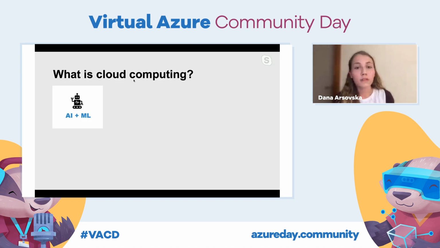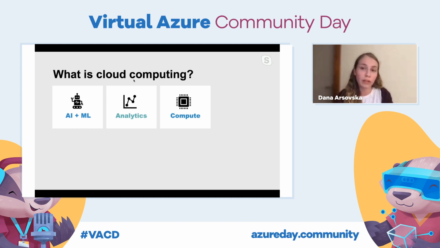So let's look at the services that cloud computing providers provide. They offer AI and machine learning services. Then we have analytics and compute services. Here is one of the services that we'll talk about later, Azure Functions. They provide containers and databases.